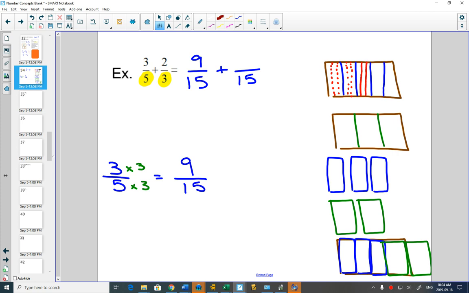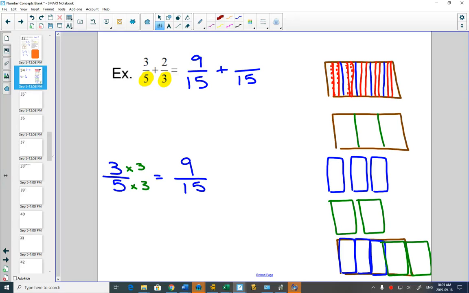Can you see that if you split each blue piece into 3, again, imagine that those pieces are all the same size, I'll draw these with solid lines. Can you see that we have 15 pieces? If I took 5 pieces and each piece I cut into 3 pieces, I'd have 15 pieces.